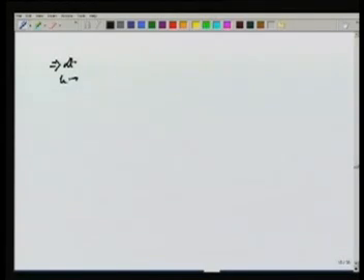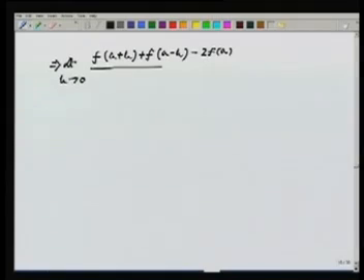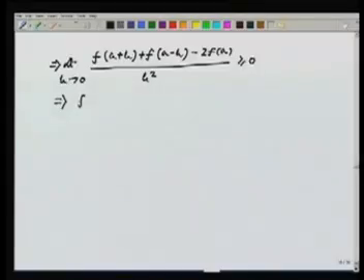Now since this is true for all small h, this would certainly imply that the limit as h goes to 0 of f of A plus h plus f of A minus h minus twice f A, divided by h square, is bigger than or equals to 0. But now recall the previous lemma where we have proved that this limit actually is f double prime A. So this would then imply that f double prime A is bigger than or equals to 0.